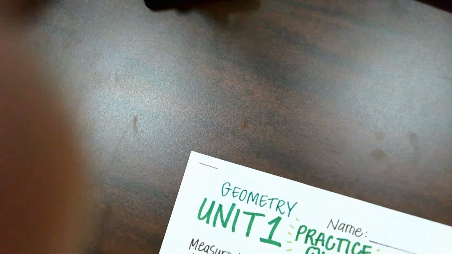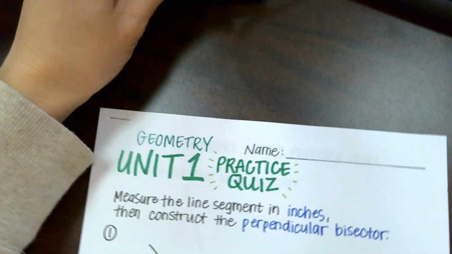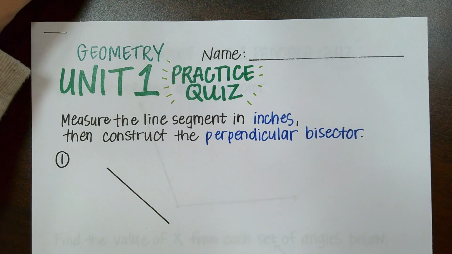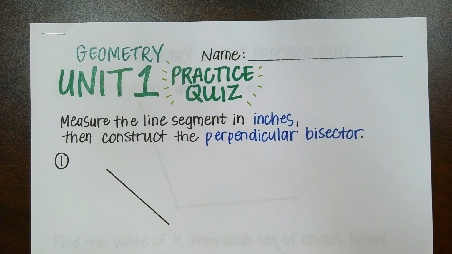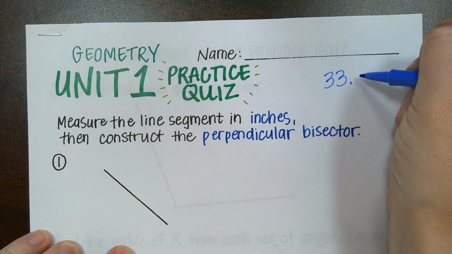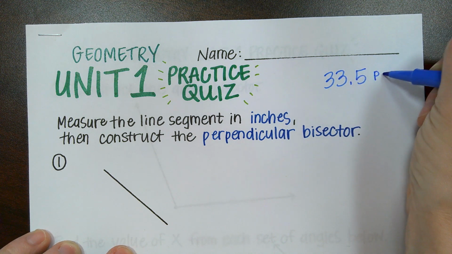So everybody go ahead and get settled, get that little practice quiz packet, and you can just follow along while I guide you through it. First of all, this quiz is going to be worth a grand total of up to 33.5 points.